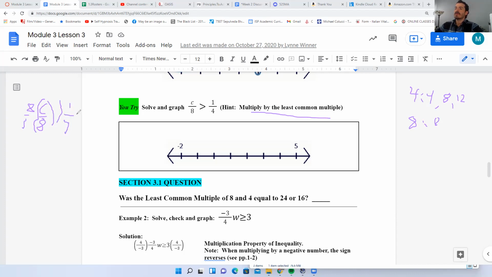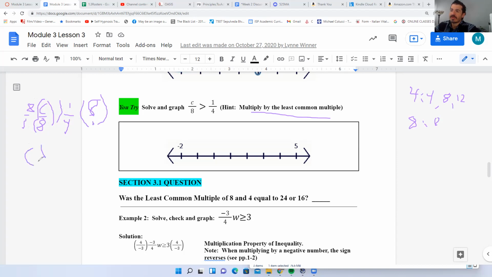And same thing. Wow, my penmanship today. Okay, so 8 over 8 goes to 1. That's by design. So I'm left with c over 1, which is just plain c.